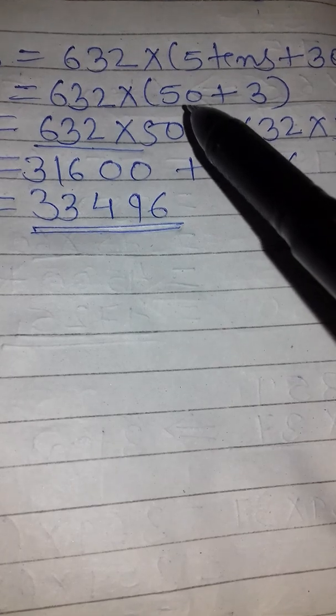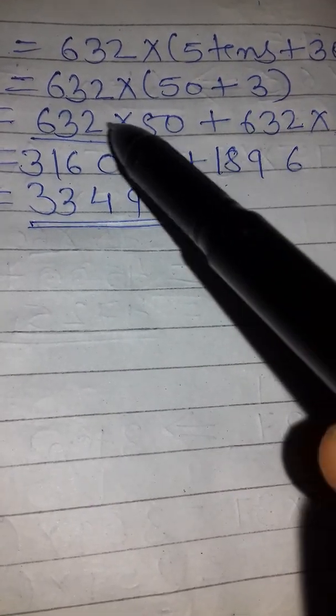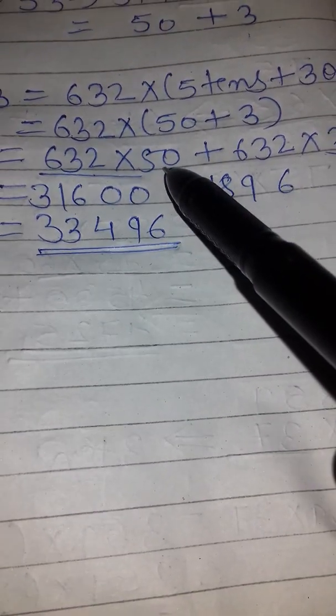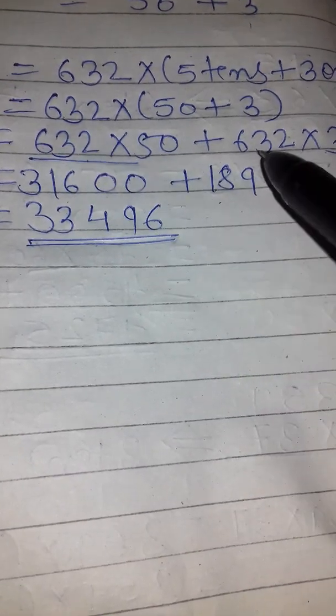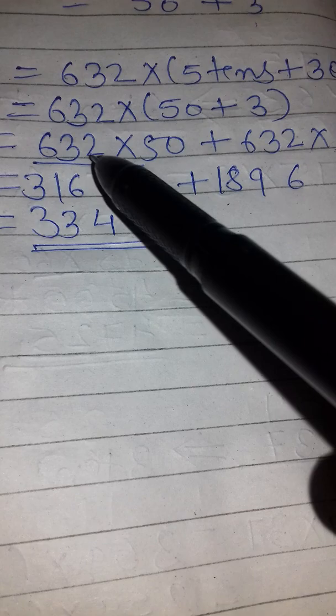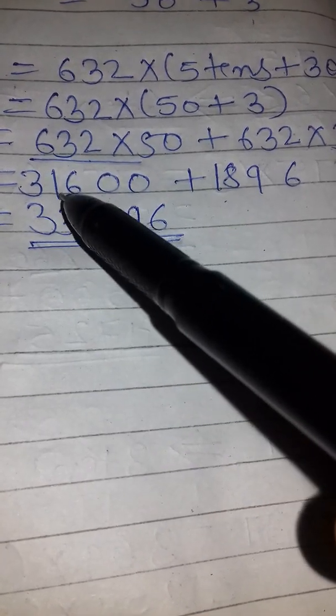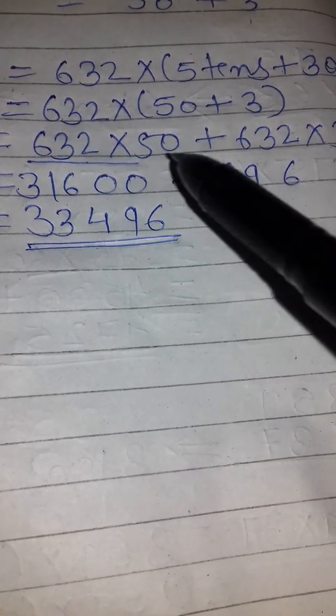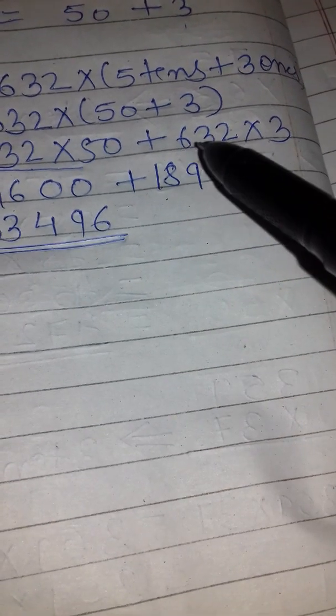So by both these numbers we will multiply 632, as this is the multiplier. So 632 into 50 first plus 632 into 3. Then we multiply the digits first, then place the 0 at the right side. If we multiply 632 into 5, we will get 3160 and place 0 here, then plus 632 into 3, so we will get 1896.